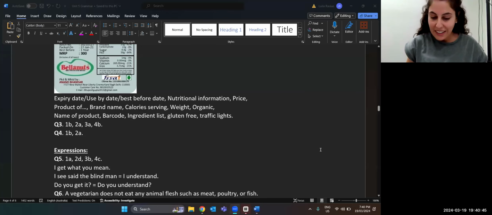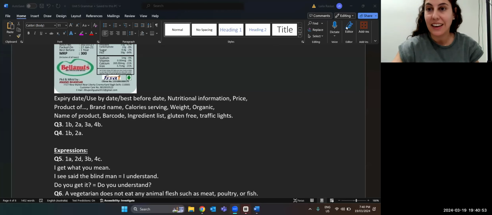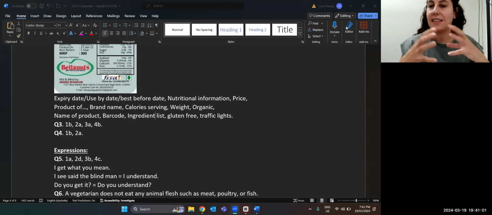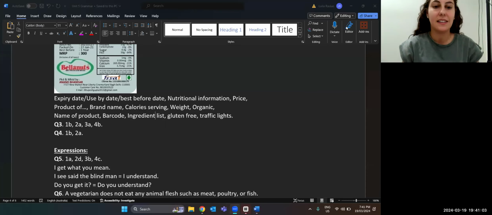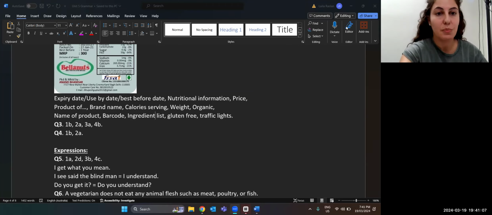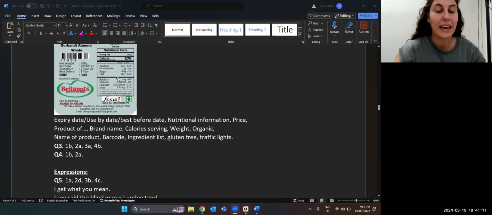Okay, so you remember the article about the food labels, and that means that when we buy a product, it could be in a tin, in a can, like a can of tomatoes, a can of sauce. It could be some nuts, whatever it is that's in a package. Maybe it's in a plastic package, maybe it's in a bag, whatever it is, you're going to have these food labels.